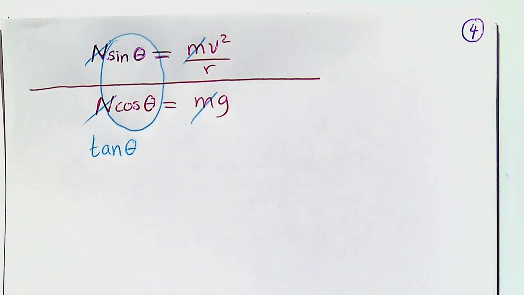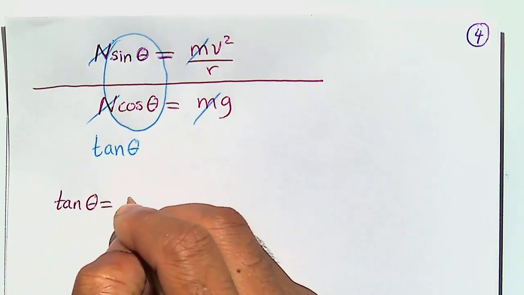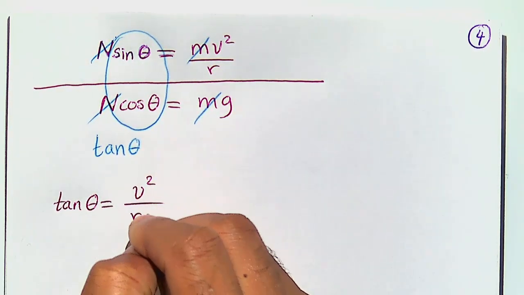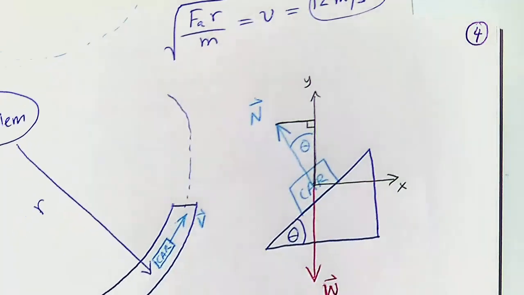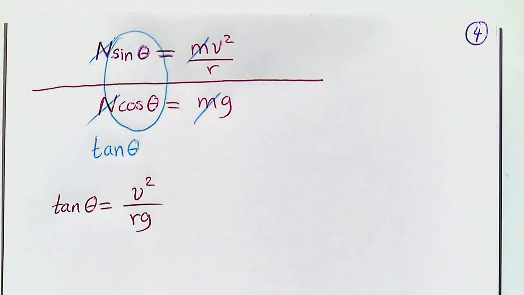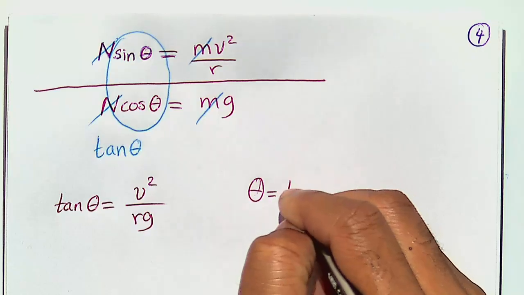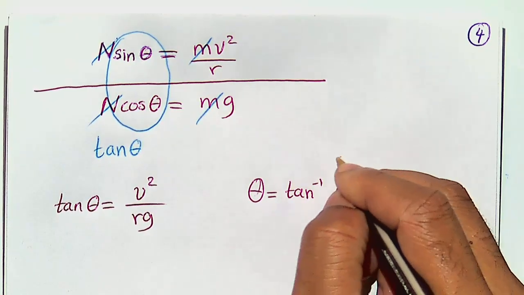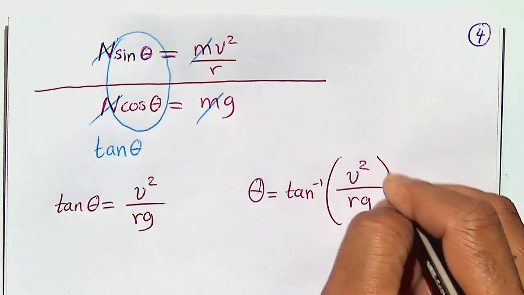So then what you're left with is that tangent of theta is equal to v squared divided by rg. Or you can now solve for it, because if you're designing the road, right? What you might be trying to determine is what should this angle be? So you can solve for the angle: theta is equal to the arctangent of v squared divided by r times g.